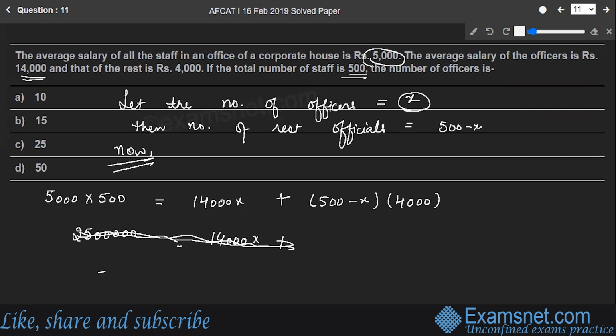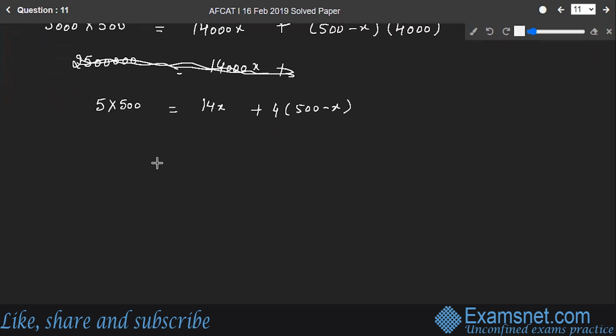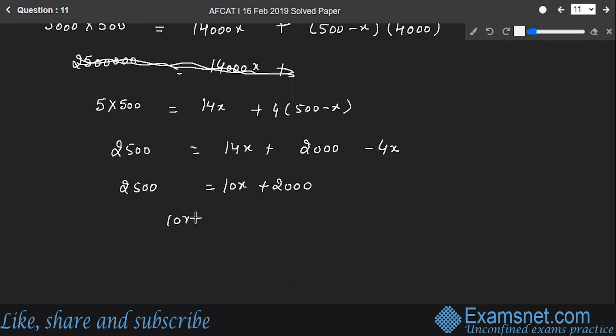3 zeros. So this will be 5 into 500 is equal to 14x plus 4 into 500 minus x. Becomes pretty easy now, right? So this is 2500 is equal to 14x plus 2000 minus 4x. This is 10x plus 2000, which gives you 10x is equal to 500 or x is equal to 50.